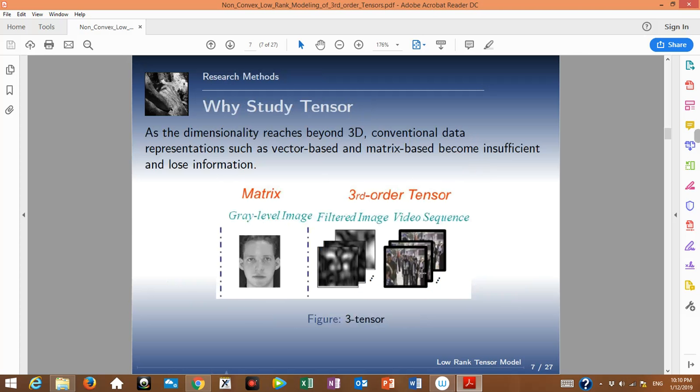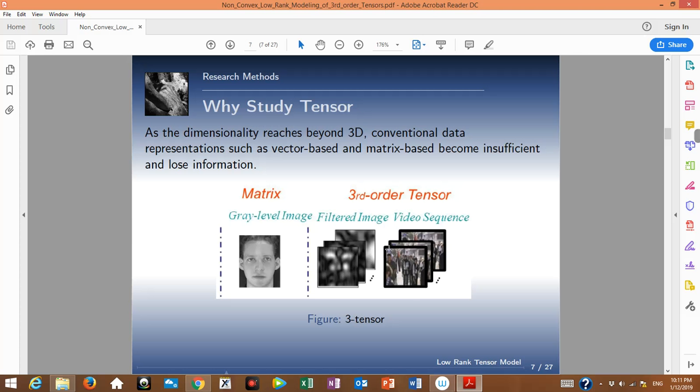However, if we have such a video sequence, it is not very natural to store it as a matrix, because if we do this, we will break the structure of those images, and we will lose some useful information.